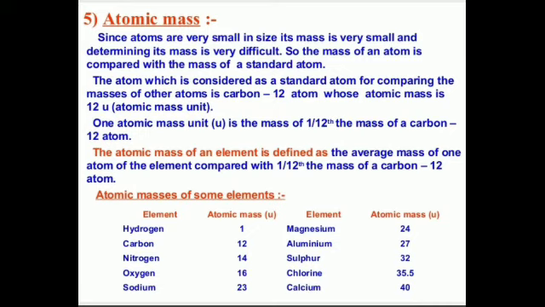In simple words, one atomic mass unit is equal to 1/12 of the mass of a C-12 atom. See, this is a simple definition. You don't have to calculate the atomic mass. Already it is done. But how is it done? It is done on the basis of, or by comparing with, the mass of the carbon-12 atom.